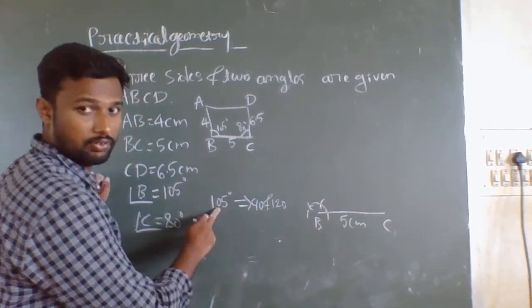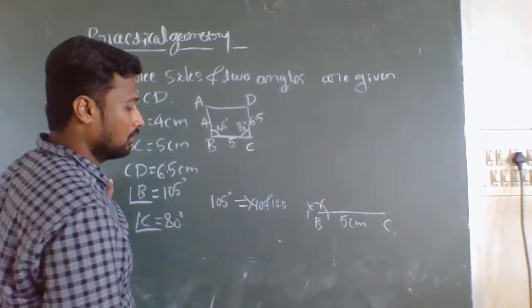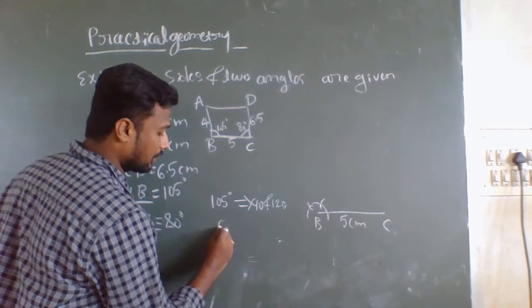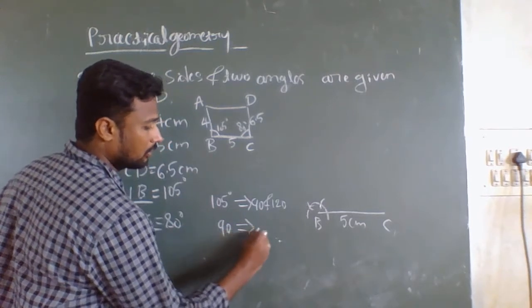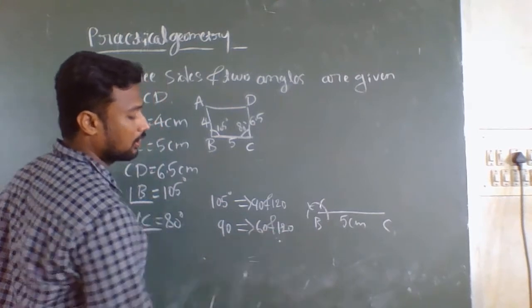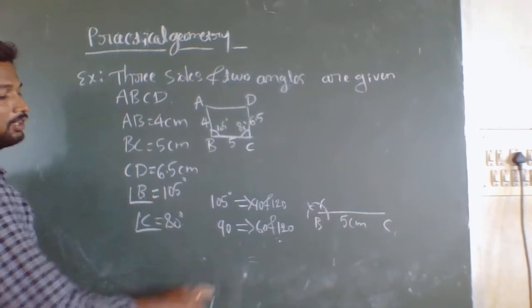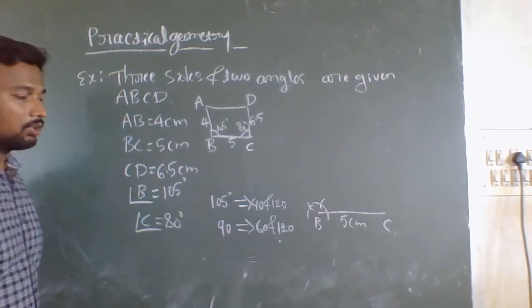Here 105 is between 90 and 120. And 90 degree is between 60 degree and 120 degree, because 90 is 30 greater than 60 and 30 less than 120.